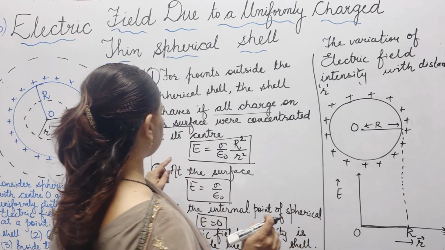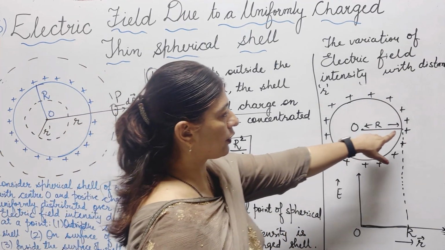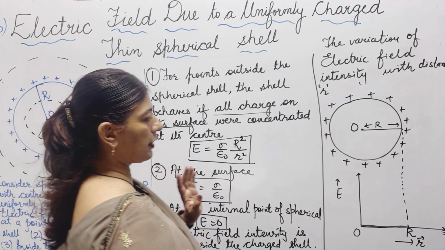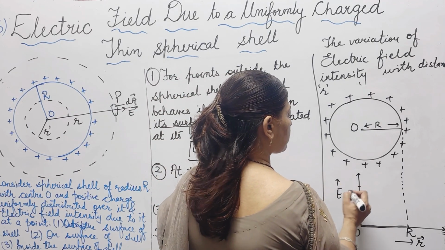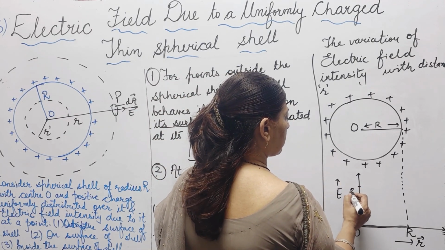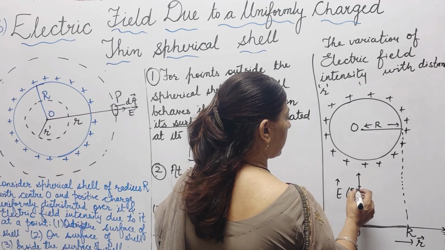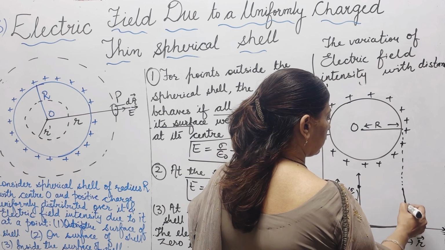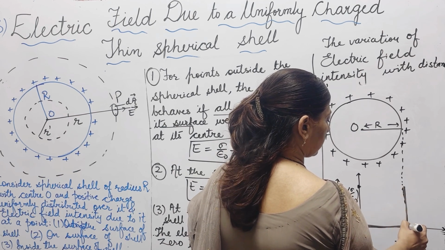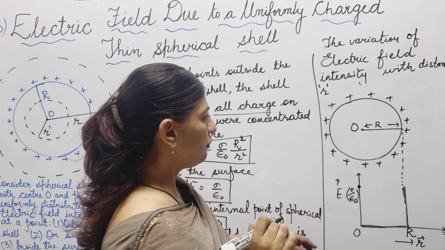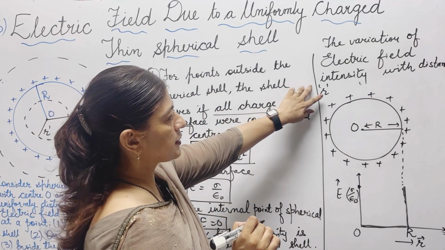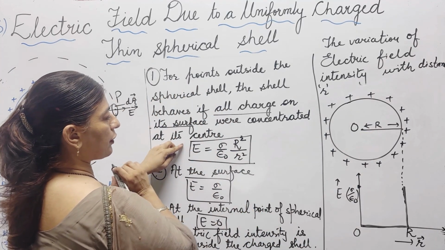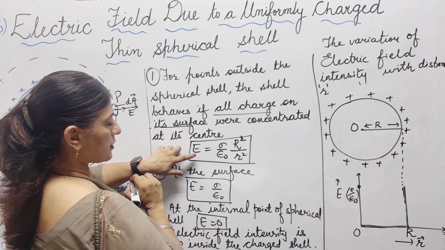And if we consider the surface of the shell at this point R, the electric field will be the maximum and the value will be equal to sigma by epsilon naught. For example, at this point we have the value sigma by epsilon naught. So here the electric field is going to be maximum. Now, if the distance r increases beyond the radius of the spherical shell, then we have the variation according to this relation.